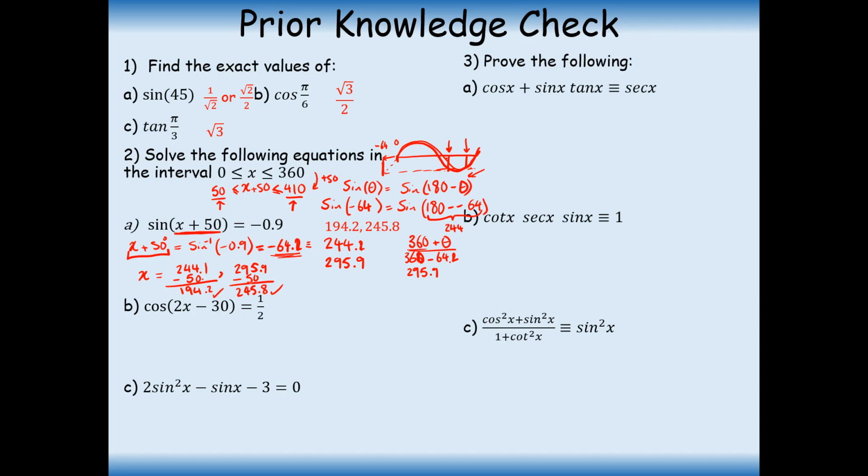Now the next question has 2x minus 30, so I'm just going to rub this bit off because we want to write a new range for the other equation there. So I'll do it with a different color pen. Here, you do one step at a time.